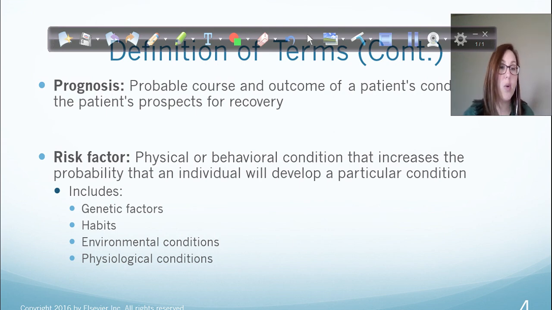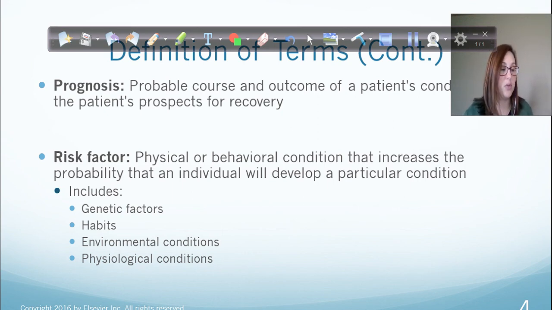Habits like smoking can contribute to chronic obstructive pulmonary disease or COPD. It can also contribute to lung cancer. Any kind of environmental conditions, so surroundings that the patient is exposed to that increase their likelihood. Maybe they have a parent who's an alcoholic.